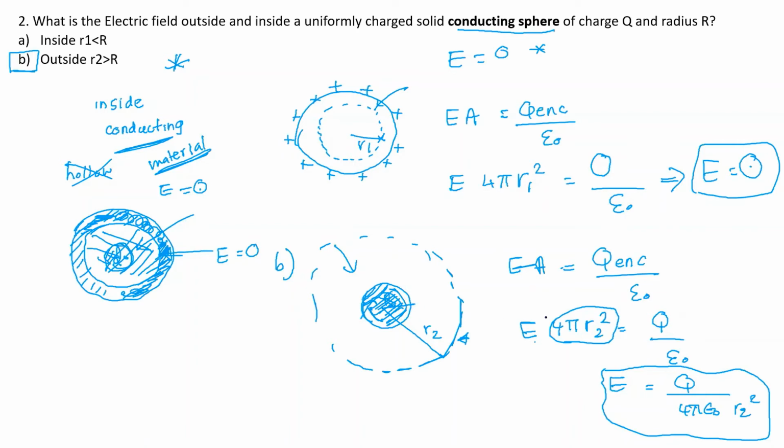So you have Q divided by epsilon naught. On this side, your answer is very similar to a point charge, the electric field distribution of a point charge. So this is the same thing that you would get for part C in the previous problem.